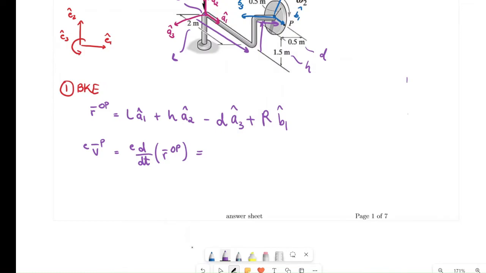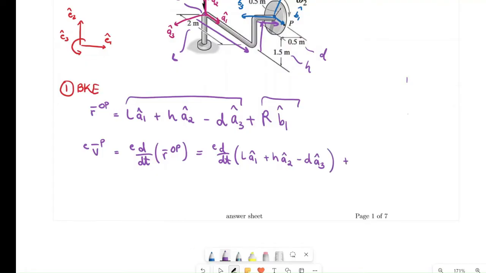Because these are written in two different frames, I need to split them up when I do the BKE. So I'll first be doing the BKE of L A1 hat plus H A2 hat minus D A3 hat. And then I'm going to be doing the derivative with respect to the E frame of R B1 hat.